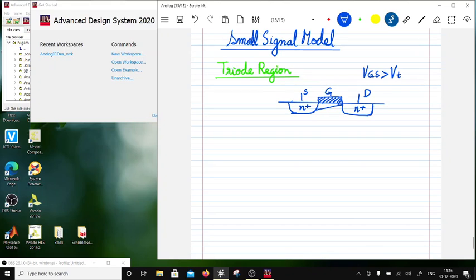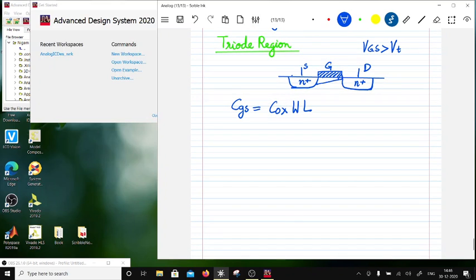So the input capacitance CGS would be equal to COX WL, that's the total area of the gate, divided by 2, and then CGD will also be half. So that is there, CGS and CGD.